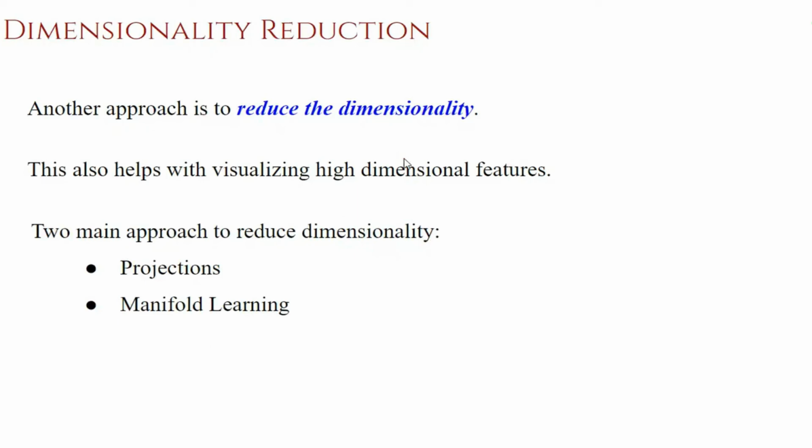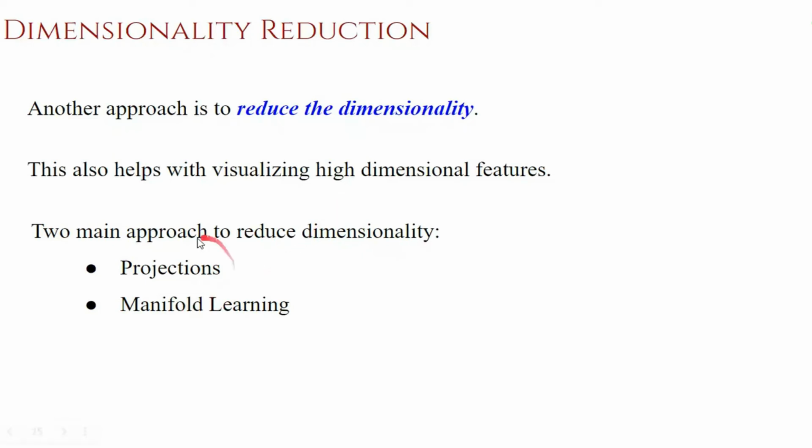In today's lecture, we are only going to look at a projection-based technique. We are not going to touch upon the manifold-based technique. In projections, the prominent approach is called principal component analysis, PCA. And in manifold learning, the most popular approach is t-distributed stochastic neighbor embedding, t-SNE.